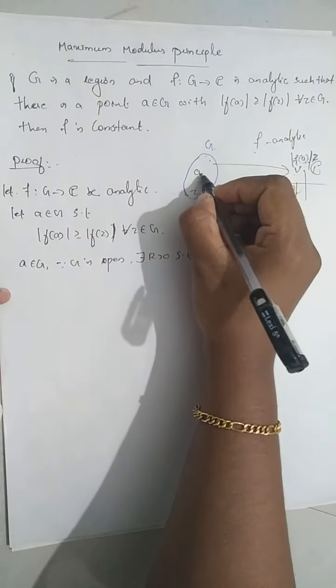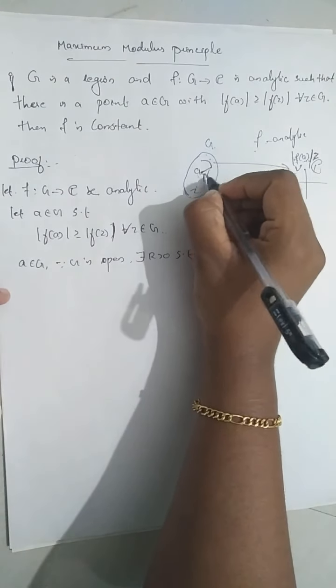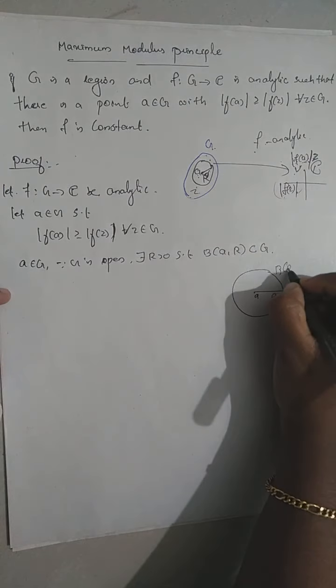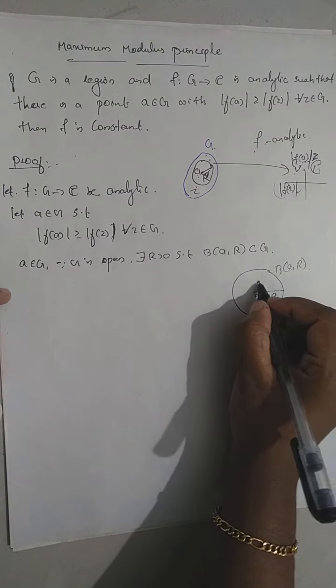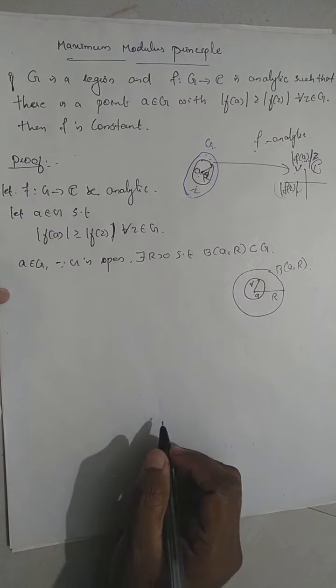So in this region, I first of all consider a neighborhood with radius capital R. Suppose a is the center point and this is the radius capital R, and this ball is B(a;R). Then we also choose one more radius, small r, which is strictly less than capital R, and consider the circle centered at a with radius r.